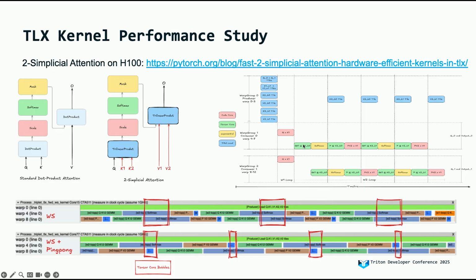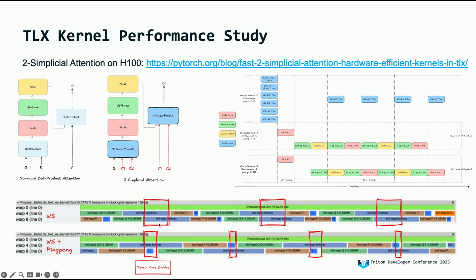So we've been using the Proton profiler to validate this idea. And as you can see here, the cooperative warp specialization path is pretty good. It gives quite good performance, but we can still see a lot of tensor core bubbles here, right? Between two tensor core operations, the tensor core is free, so it's not fully taken.